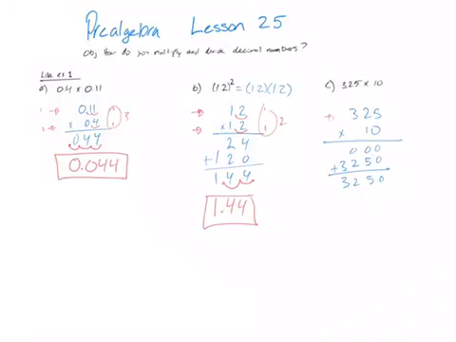Looking at this one, we have 2 decimal places. Looking at this one, I have no numbers to the right, so it's going to be 0. 2 plus 0 is 2, so it's over 2 decimal places. So the answer is going to be 32.5, and I don't need to write that 0 afterwards, I can just write it like that.